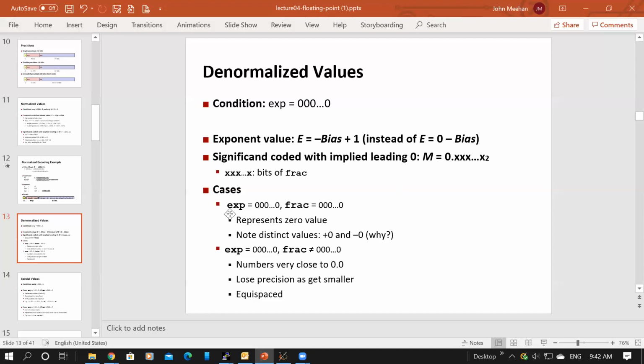So when we have all zeros in the EXP field and all zeros in the fractional field, what would that represent? Well, the EXP in the denormalized form always represents, for single precision, an exponent value of minus 126. There is no leading one, so this is 0 dot a bunch of zeros.